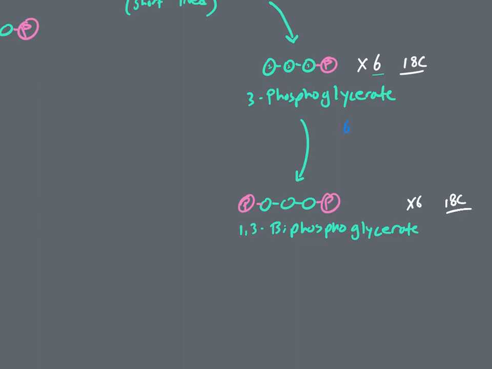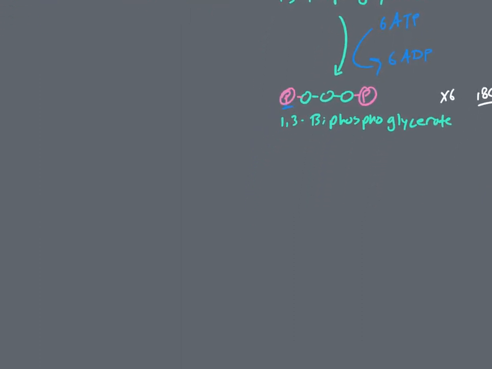And that phosphate is going to come in the form of ATP. So 6 ATP will be used to add in this additional phosphate. Our 1,3-bisphosphoglycerate is going to be modified yet again.